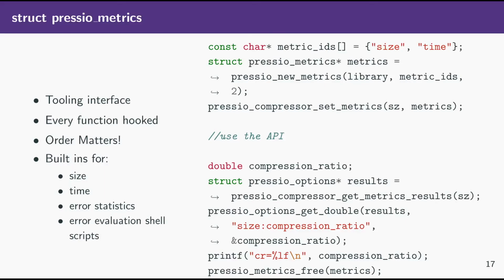After we've done that, we can do compression and decompression, or whatever other APIs we may want to call. Then, using the same interface we use to get things out of configurations, we can also use it to get metrics results. So for this case, we're getting the compression ratio. Once we've gotten the compression ratio, you can treat it like any other C thing that you're used to. When you're done, make sure to free the metrics object.